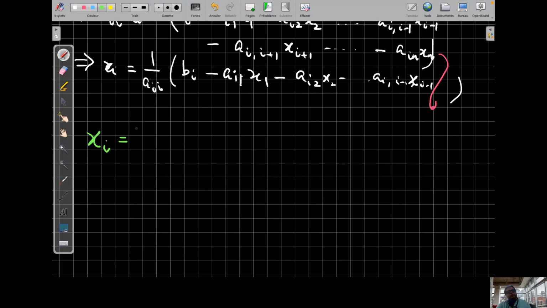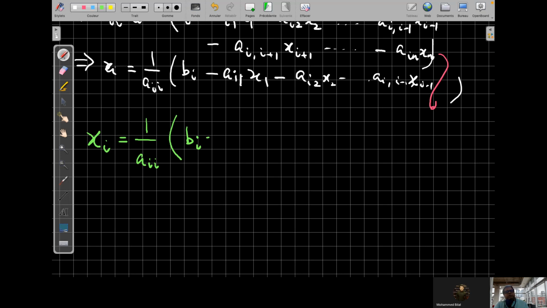We are going to write 1 upon a_ii. That is also true. Now, what we are going to say, we are going to say b_i. That is as it is. Now here you see the sum is going from 1 to i minus 1.